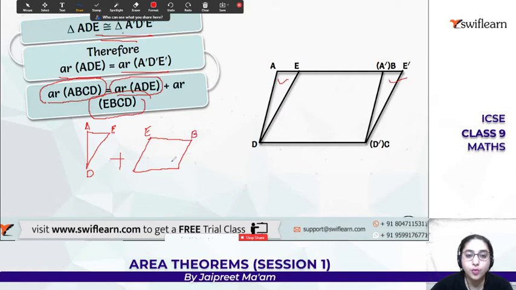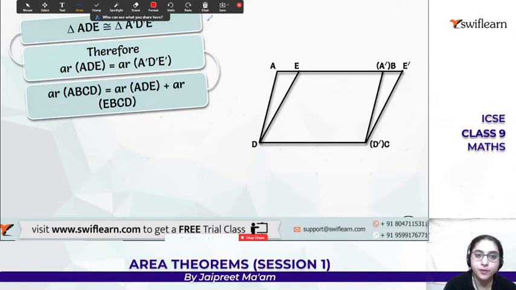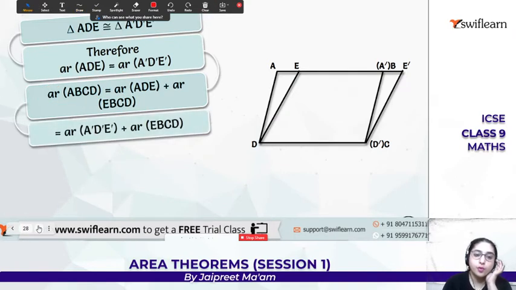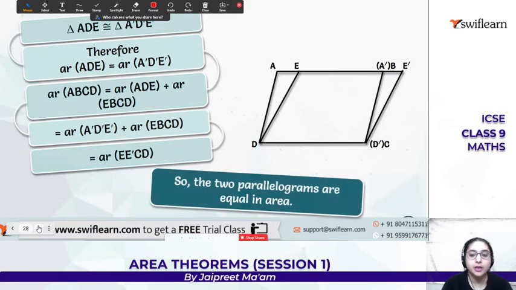Hence we have proved the theorem. So the area of the whole figure ABCD is equal to the area of the triangle plus the area of the parallelogram. Got it? This was our theorem and we have proved it like this.